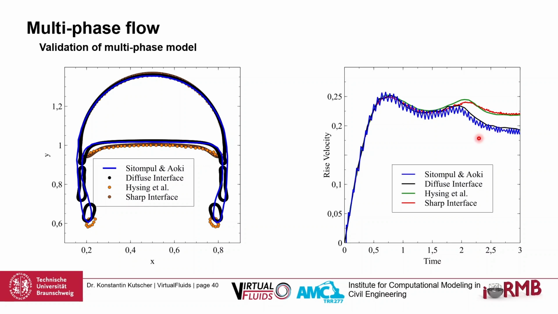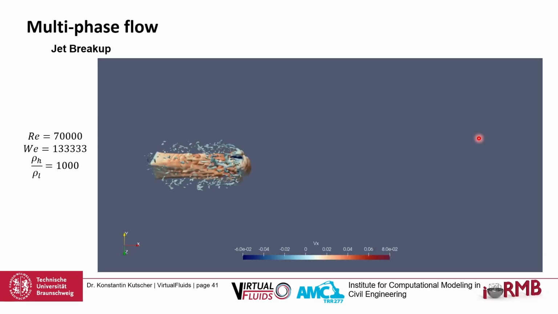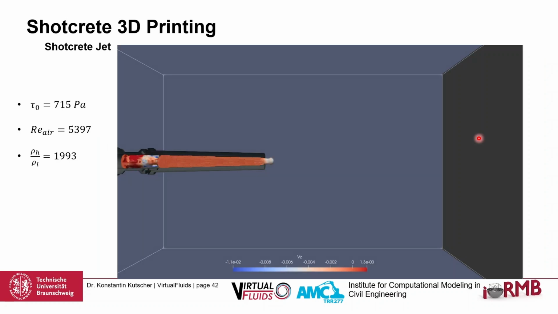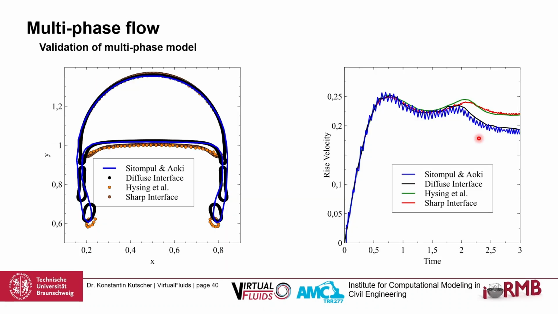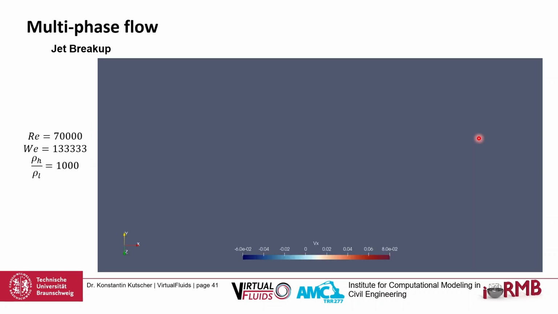Question about this last plot: why don't the drops arrive at the wall? It looks like zero gravity.